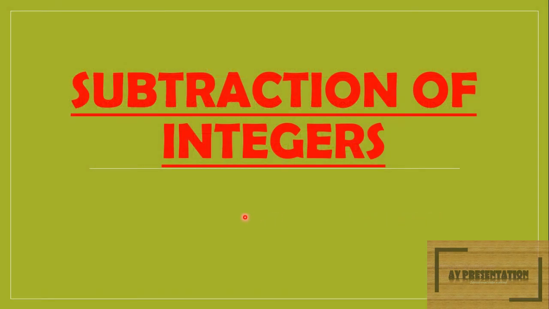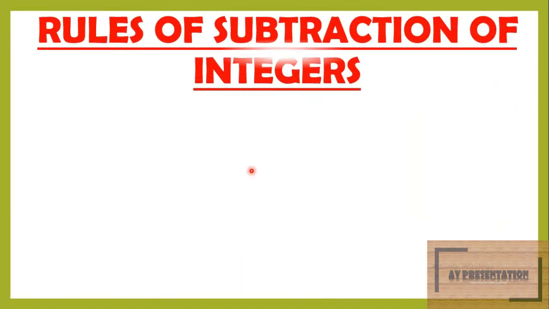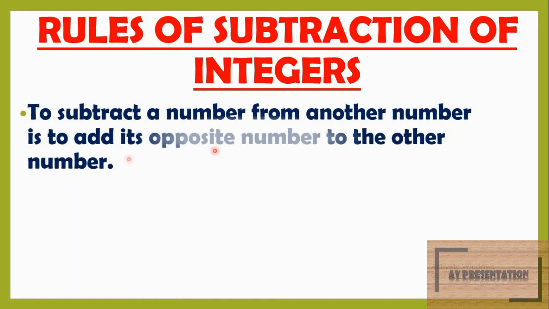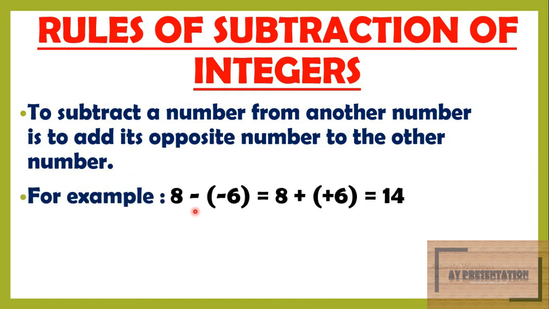Next point is subtraction of integers. Firstly we learn the rules of subtraction of integers. To subtract a number from another number is to add its opposite number to the other number. For example, look here student, the first number is 8 minus negative 6.